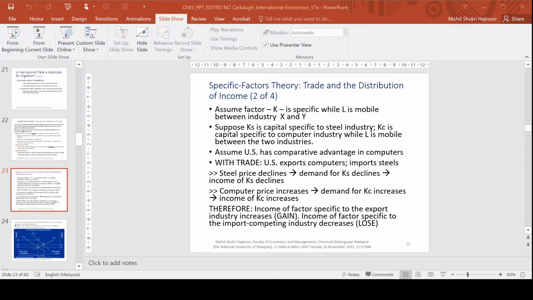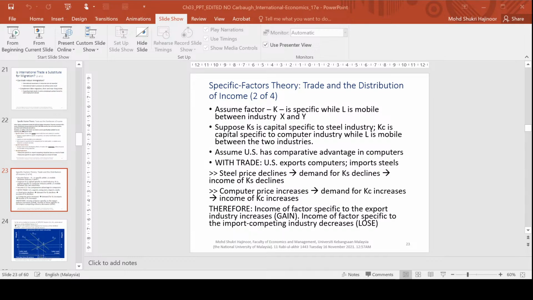One is capital, KS and KC. So wages, previously it was 15.